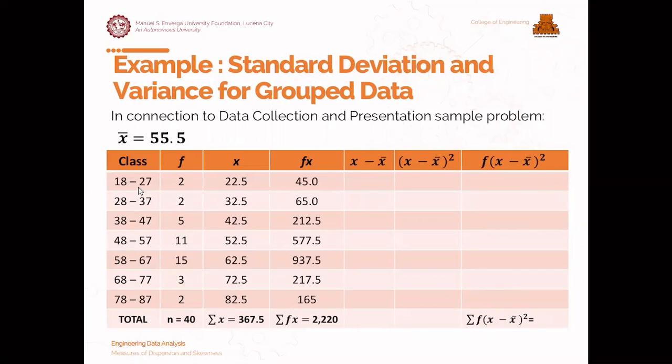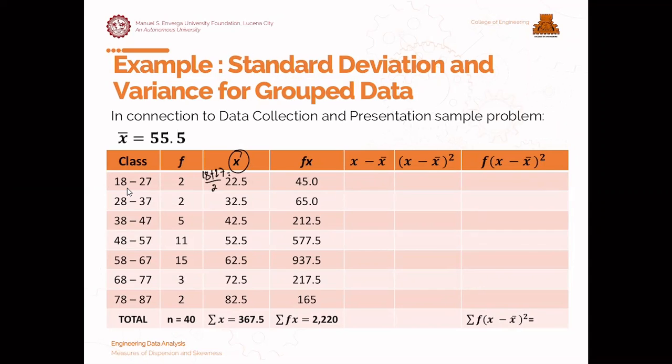So ibig sabihin, pag in-add natin yung lower limit and upper limit natin, divide natin by 2, yun yung x natin, no? So ito yung 18 plus 27 divided by 2. So ibig sabihin yun yung midpoint natin. Okay? So baka hindi lang natatandaan kung ano yung midpoint natin.